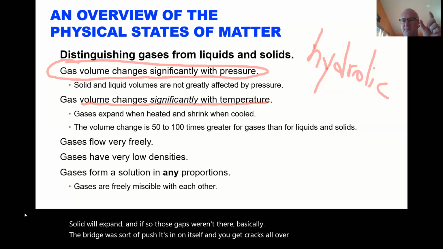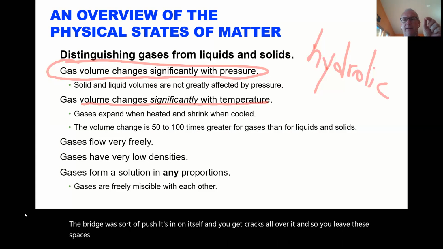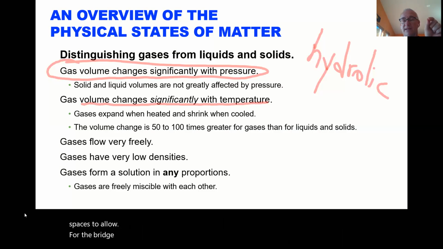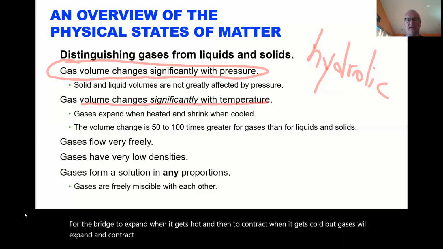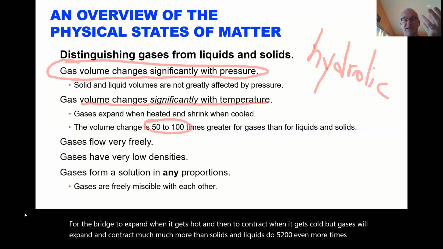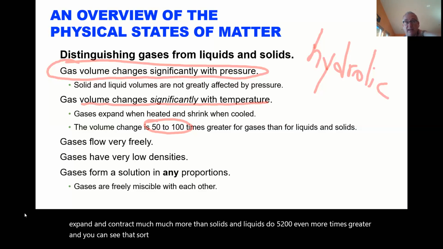So you leave these spaces to allow for the bridge to expand when it gets hot and then to contract when it gets cold. But gases will expand and contract much, much more than solids and liquids do, 50 to 100, even more times greater. And you can see that. I've mentioned the example of putting a balloon in liquid nitrogen. And if you haven't done it, you really should.